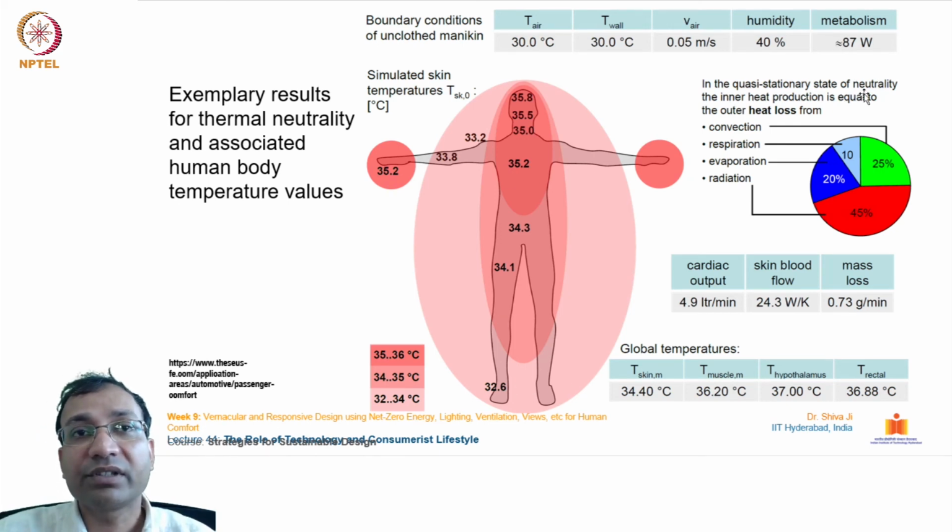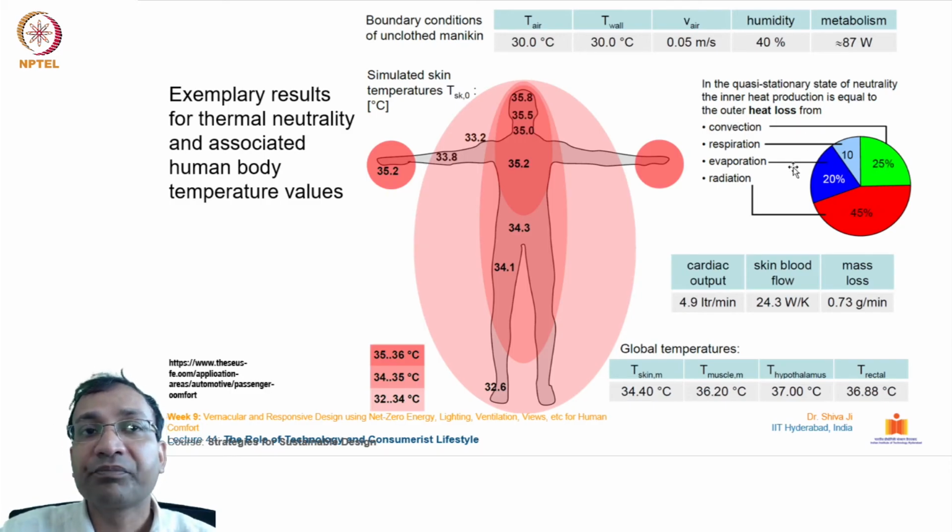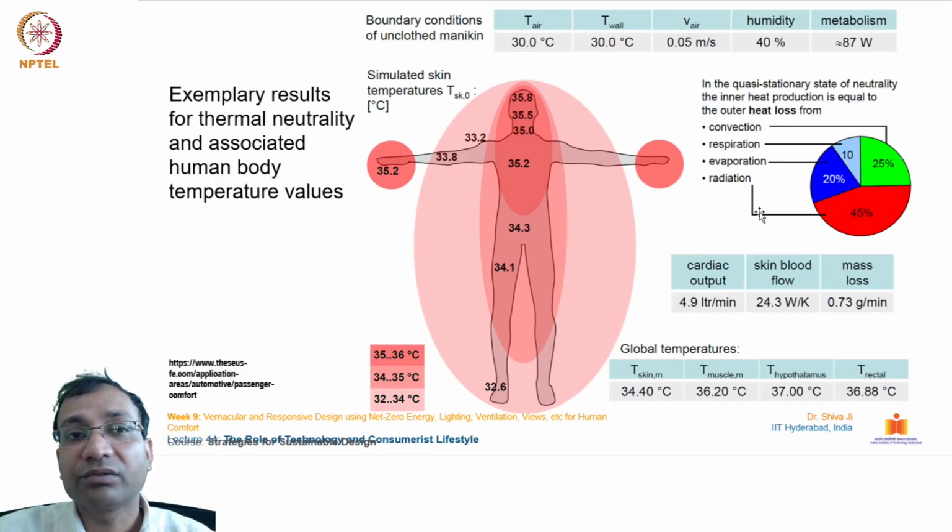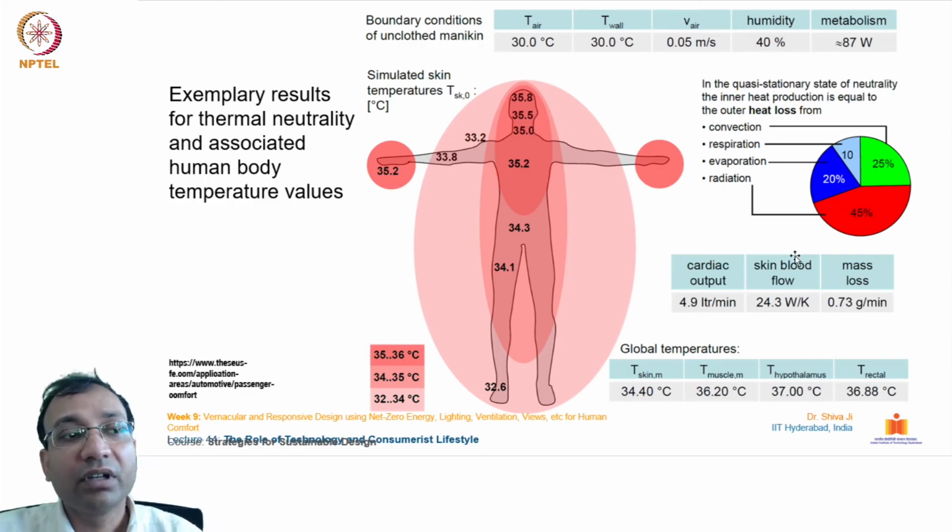You see in this quasi stationary state of neutrality, the inner heat production is equal to the outer heat loss from these many sources: convection up to 25%, respiration 10%, evaporation 20%, and radiation up to 45%. So this is an exhaustive diagram and illustration of how our body's thermal neutrality, the tendency to create an equilibrium in the heat part, works.